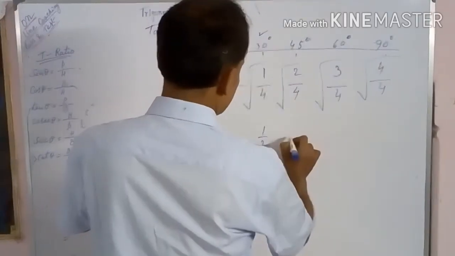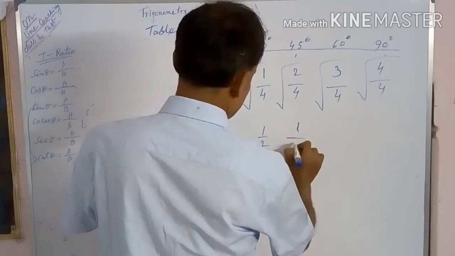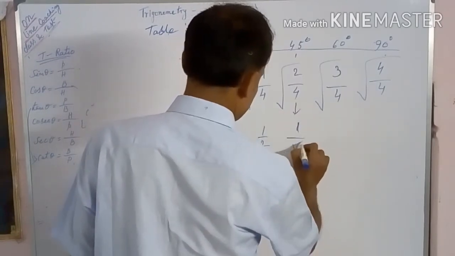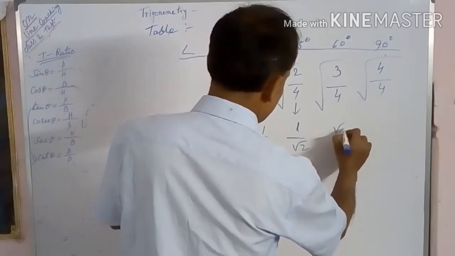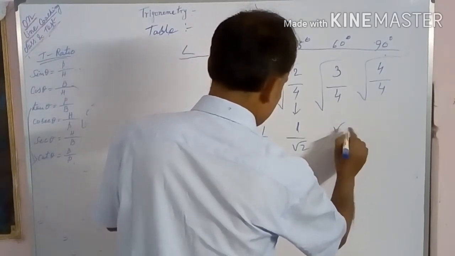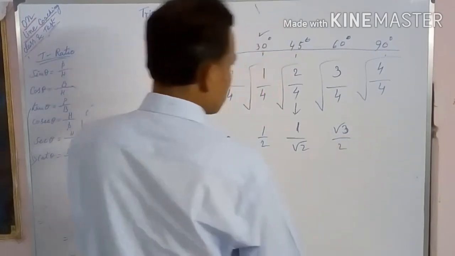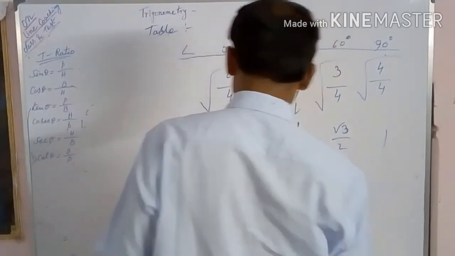For 45, the 2s cancel out, and this will be 1 by root 2. This value will be root 3 by 2. This value will be 1.